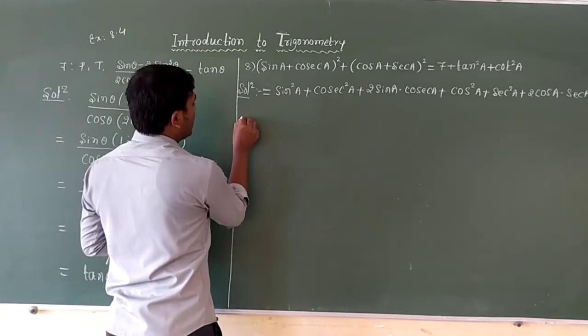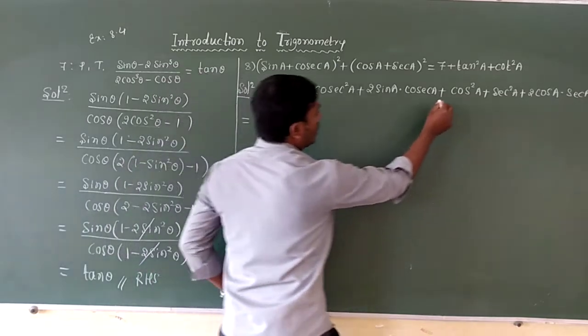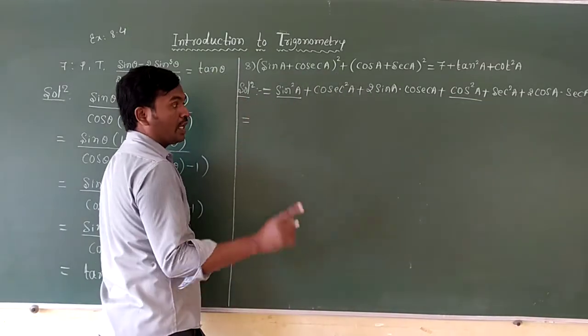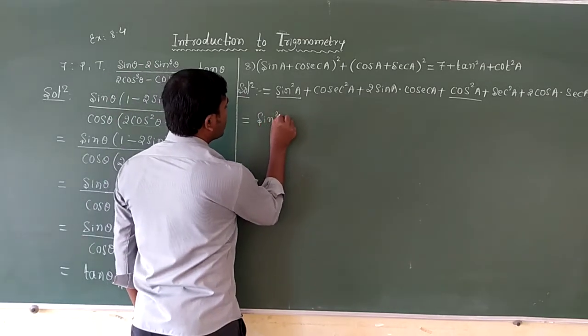So let us simplify this one again. This is equal to, here sin square A is here, cos square A is here. Sum of these two is what? Sin square A plus cos square A. We know it is 1.